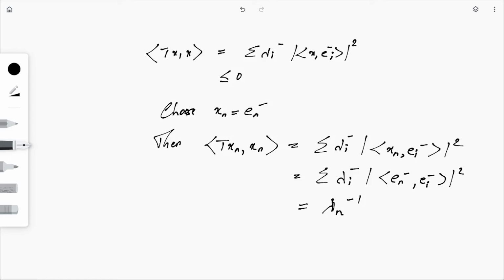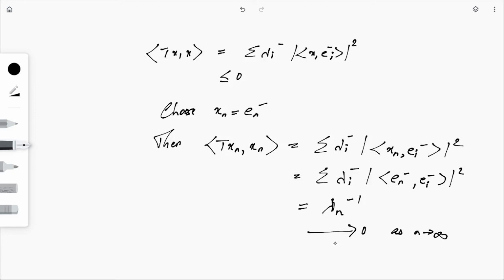Now we know the set of eigenvalues will tend to 0. We have seen in the proposition that as n tends to infinity, the inner product of T xn, xn tends to 0. If you consider this as a sequence, the inner product of Txx as the corresponding sequence, then I get that it tends to 0.